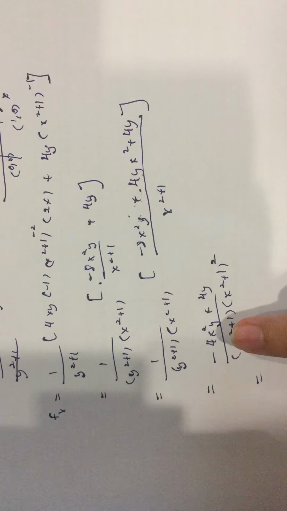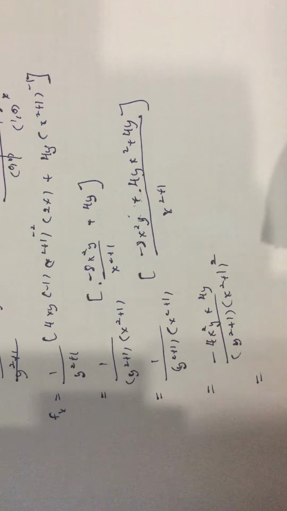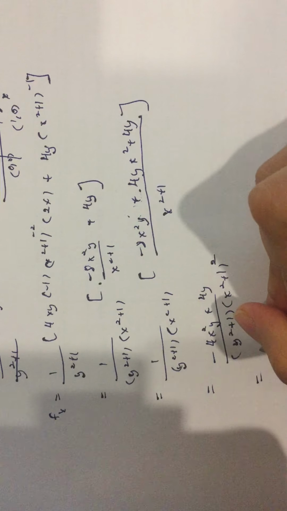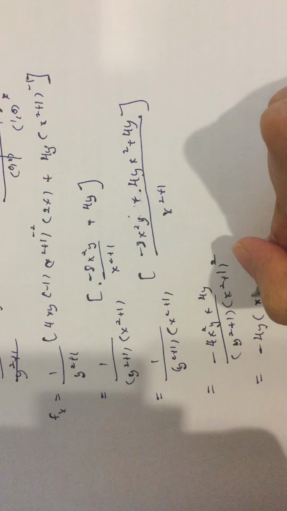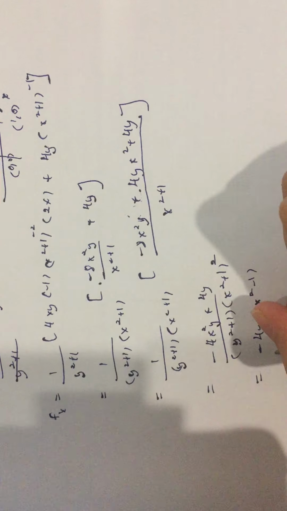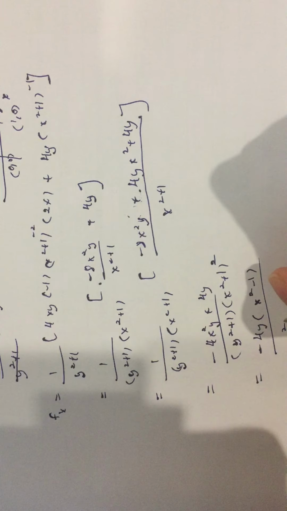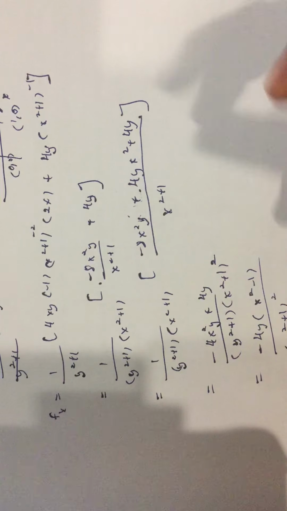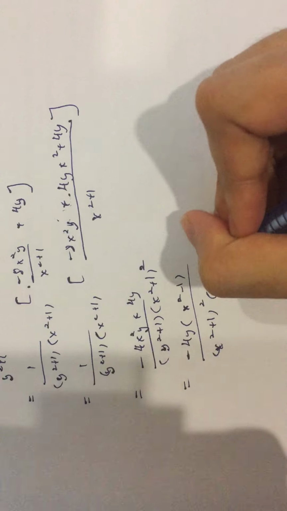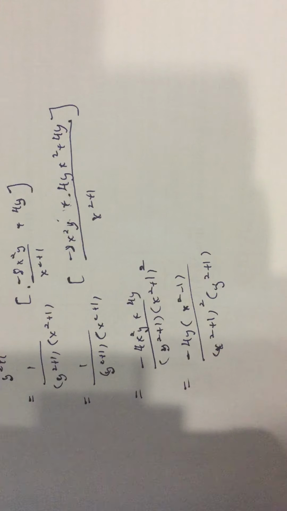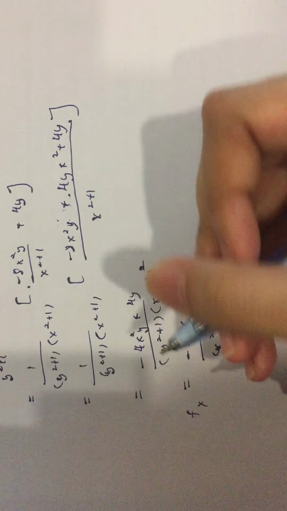So we can factorize out minus 4y. So we have minus 4y times x squared minus 1 divided by x squared plus 1 squared times y squared plus 1. So this is fx.